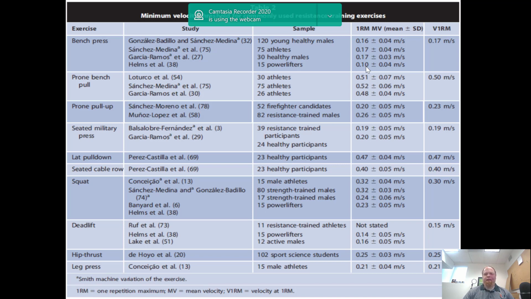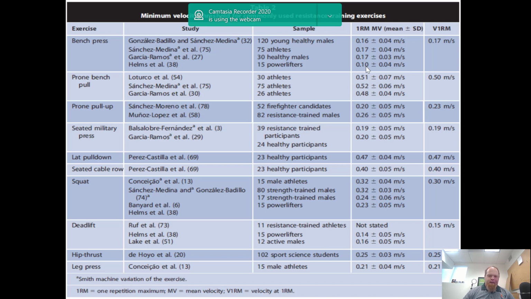And what this means is that the power lifters are able to move slower and slower without failing, so then they can lift a heavier and heavier load. So that's a positive adaptation for their sport. Most of the time we think of positive adaptations as increases, but in this instance, a positive adaptation is actually a decrease. So that's just something that I wanted to go ahead and point out.